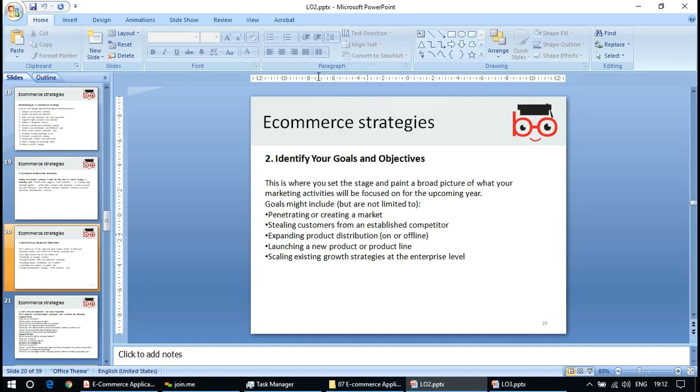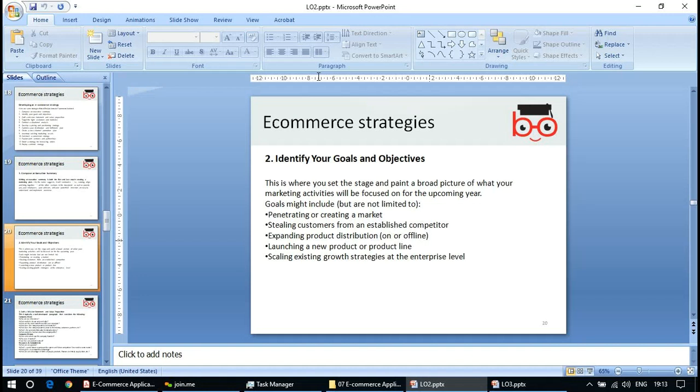Whoever bought, let's say, thousands of shoes from M&S, if a new company got the email addresses from somewhere, and they try to promote to them with a cheaper price, then definitely they would be stealing their customers. Okay, expand product distribution online or offline.